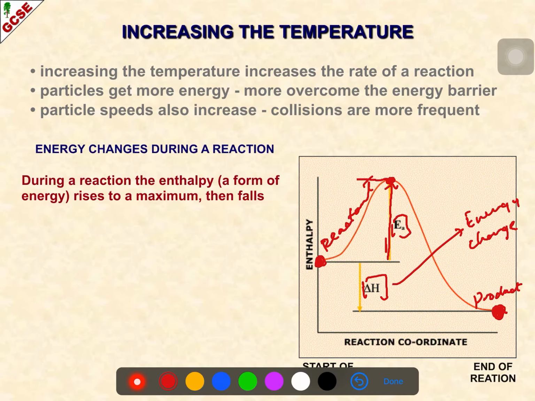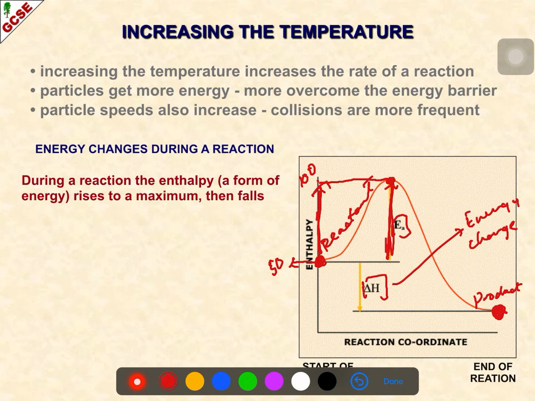So say for example, the activation energy is 100, okay? And let's say the energy of the reactant is 50, okay? So the energy of the reactant must gain 50 more. They must gain 50 more to reach the activation energy. If they cannot gain 50 more, then they will never become a product.